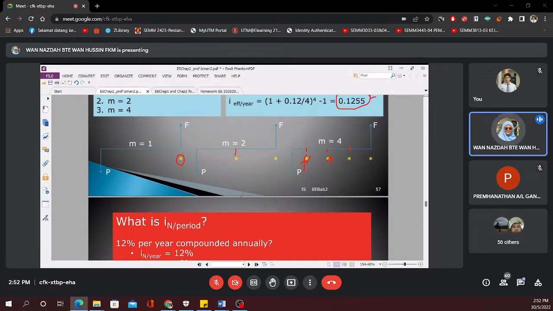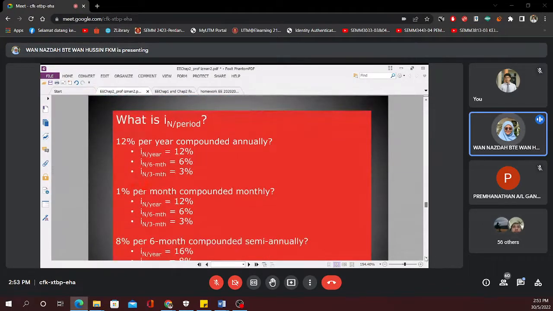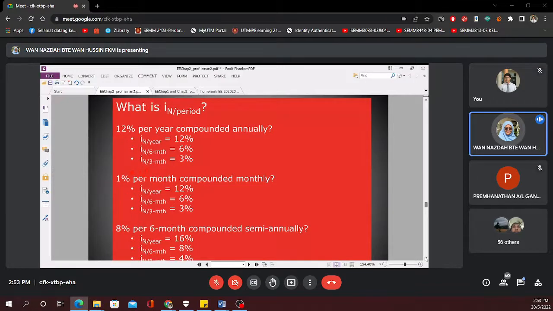All right, so what is I nominal over period? Okay, so for 12% per year compounded annually, I nominal for 1 year is 12%. So for 6 months, you need to divide by 2, which is 6%. So every 3 months, you need to divide by 4, that gives you 3%.